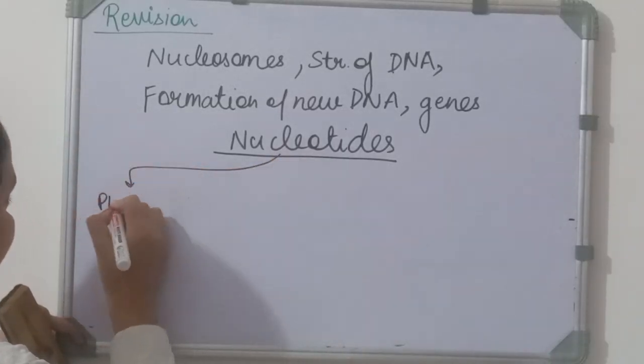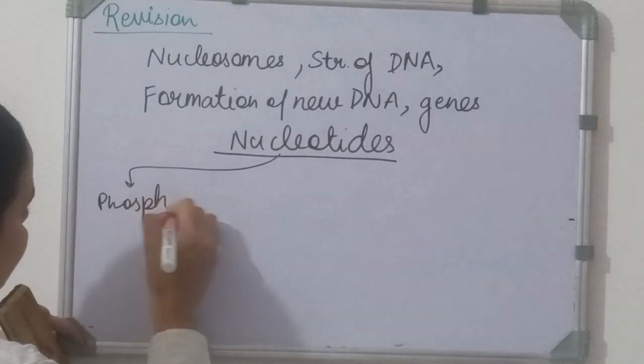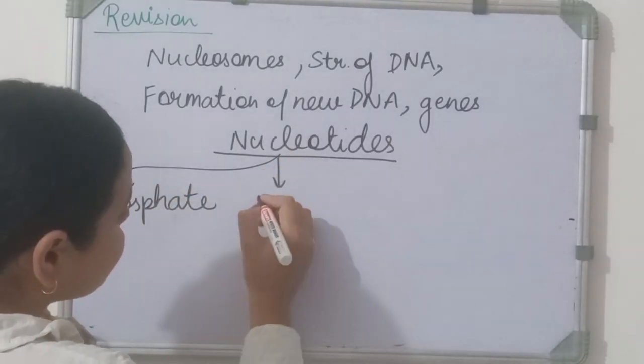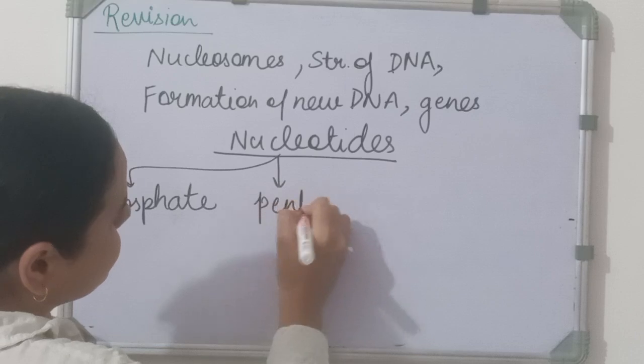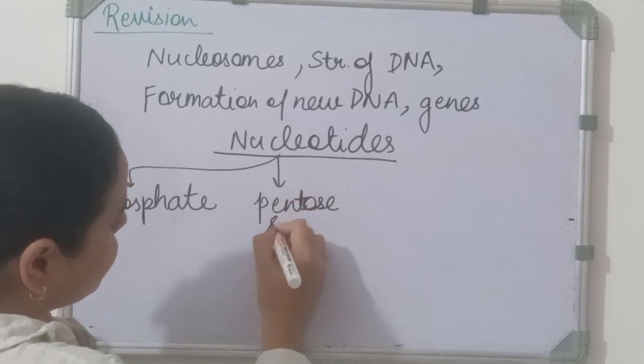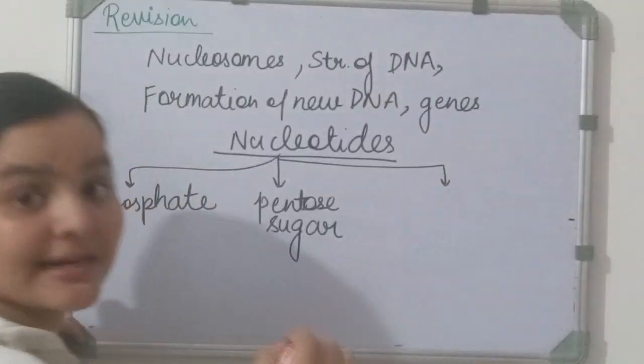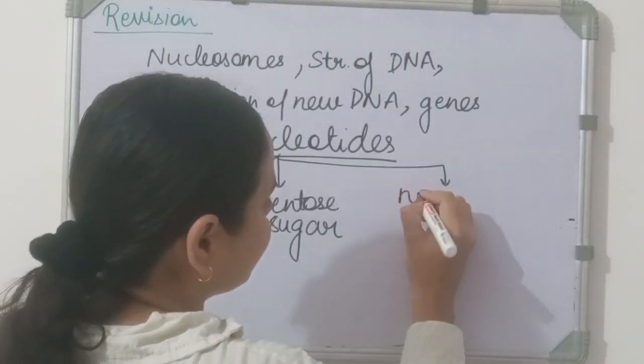First is phosphate, then next is pentose sugar, 5-carbon sugar, then third is nitrogenous bases.